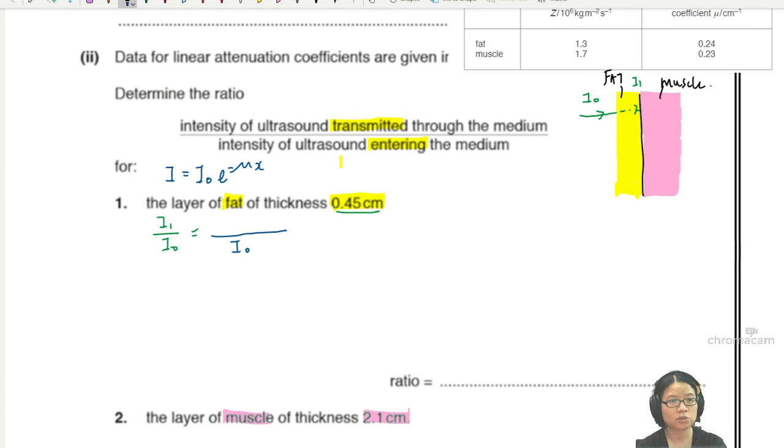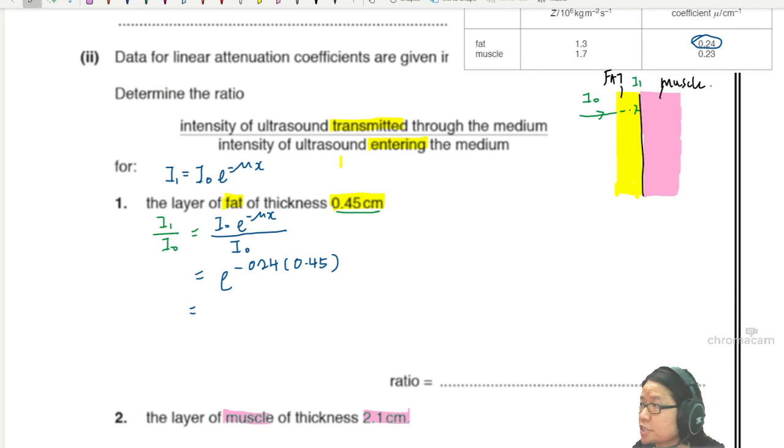Right now we will have I1, so this will be I1 equals I naught e to the negative mu x. The I naught and I naught will go away. So we have negative mu for fat. What is it? Fat is 0.24 here. So we're going to take 0.24 multiplied by 0.45, the thickness.